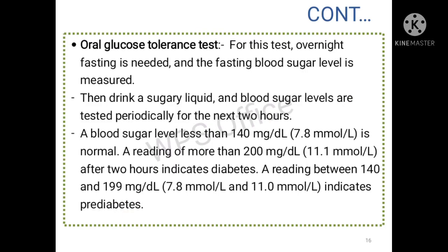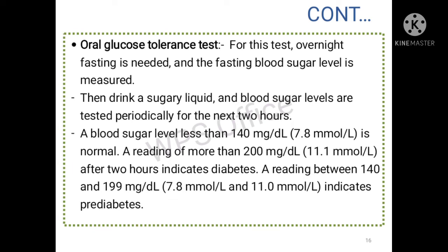Then next is the oral glucose tolerance test. For this test, overnight fasting is needed and the fasting blood sugar is measured. Then what will happen after the overnight fasting is done? The patient is allowed to drink a sugary liquid. Then blood sugar levels are tested periodically for the next 2 hours.